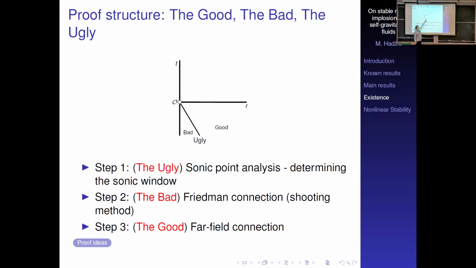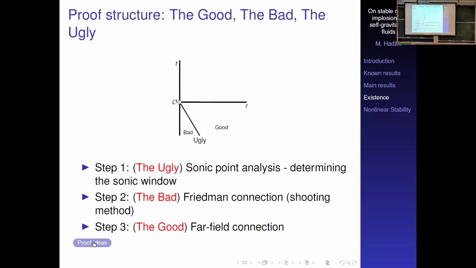Then we go straight to the hard part of the problem, which is to identify a choice for which I can actually solve the problem from here all the way in the interior to the center. Solving in this direction turns out to be the good part, because the equation is much more stable in that direction.